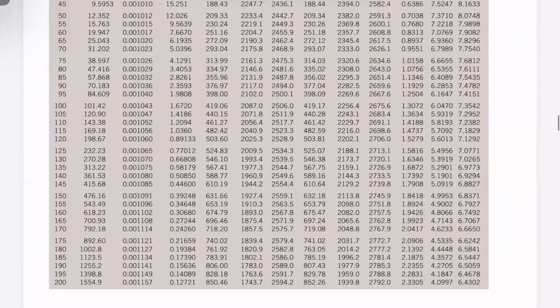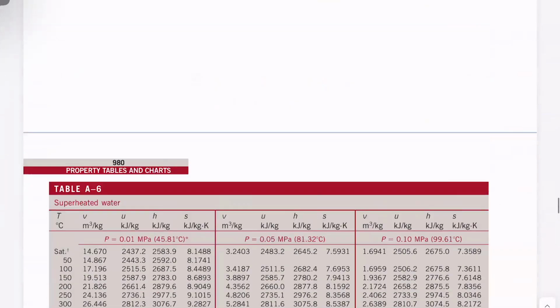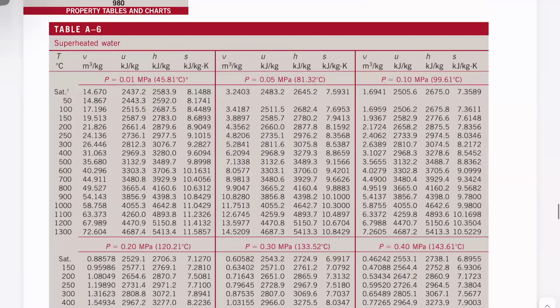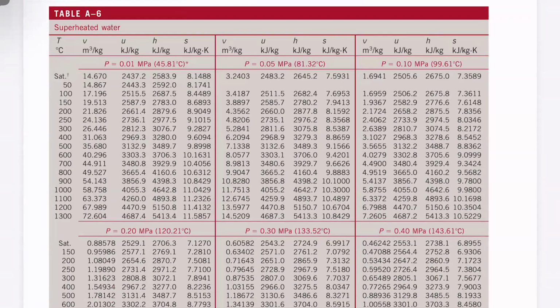First we're going to go to the superheated vapor table for water, which is here. We know that the temperature is 500 and the specific volume is 0.005. Since the superheated vapor tables are organized by pressure cells, we have to hunt through the pressure cells and look for 2 cells that get us close to a specific volume of 0.005 at a temperature of 500.